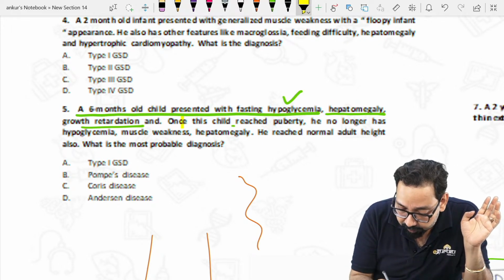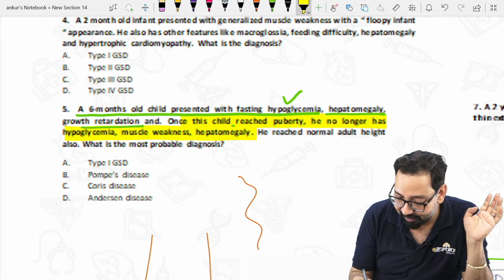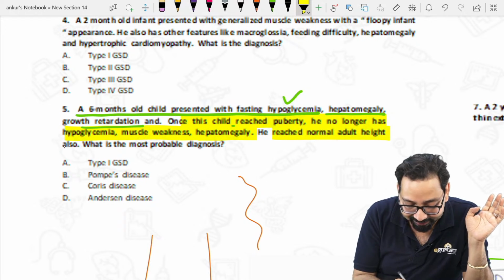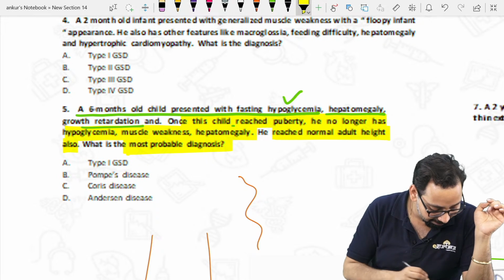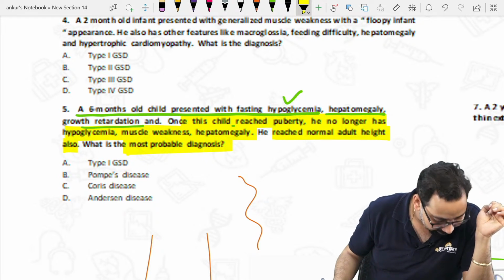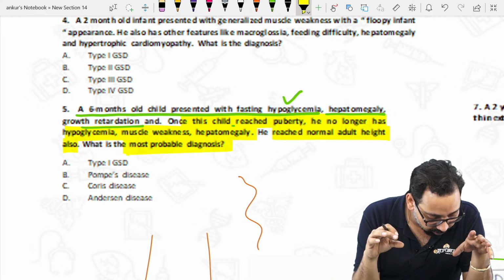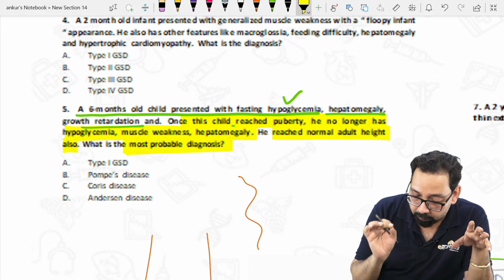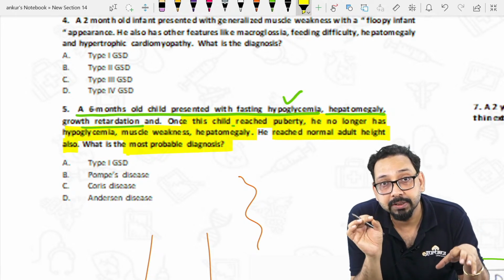Once this child reaches puberty, no longer has hypoglycemia, muscle weakness, hepatomegaly, and he reached normal adult height also. What is the most probable diagnosis? Yes, please do reply. Very good. So how do you solve the question? You solve the question only by one word, that Cori's cures itself.